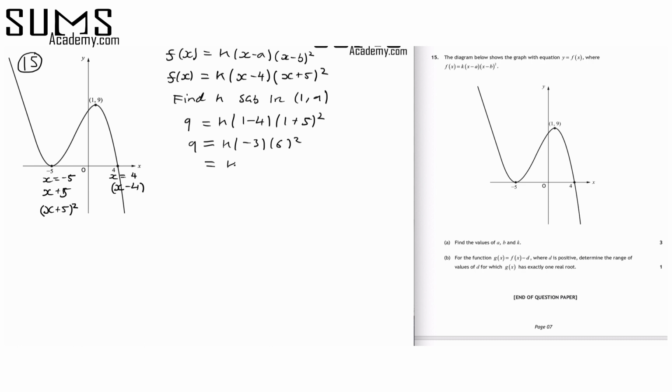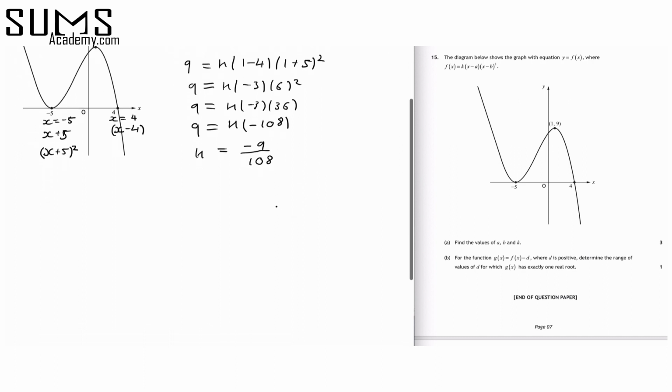So it's going to be k times -3 times 36. 3 times 36 is going to be 3 times 30 is 90, plus 3 times 6 is 18, so minus 108. So equals minus 108. So k is equal to minus 9 all over 108.